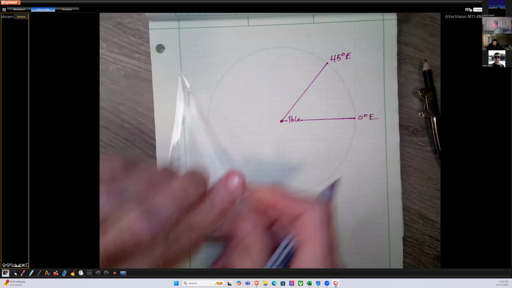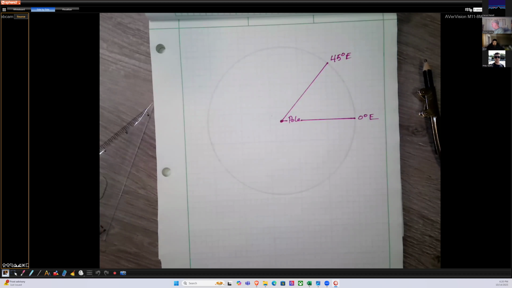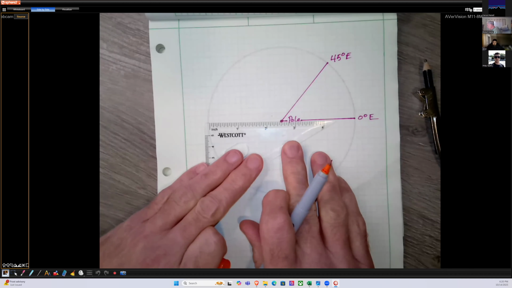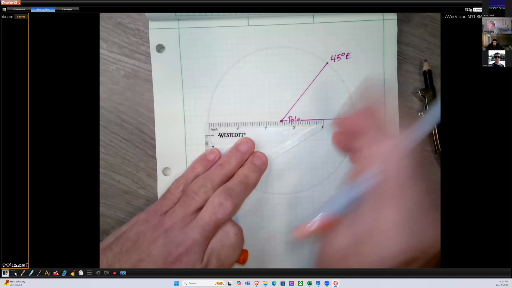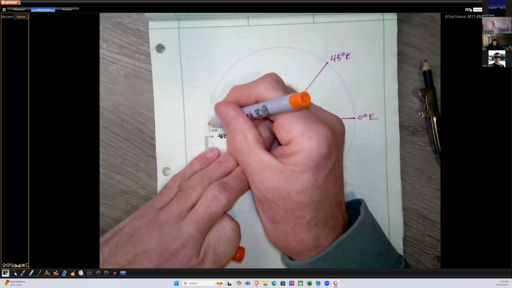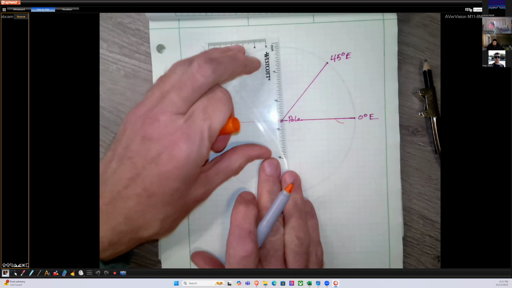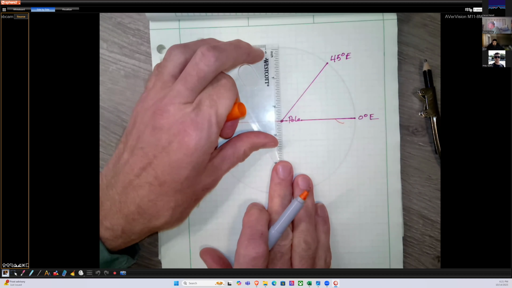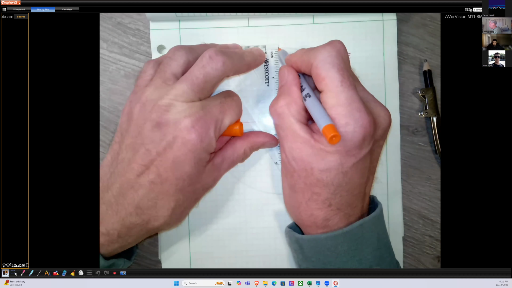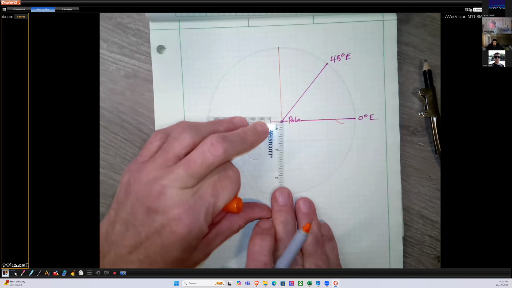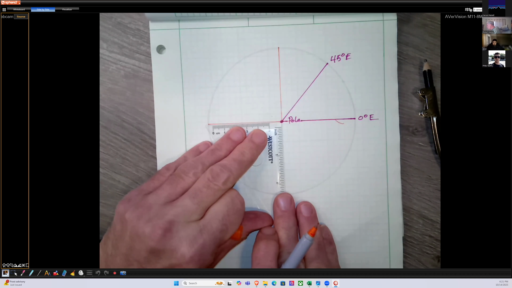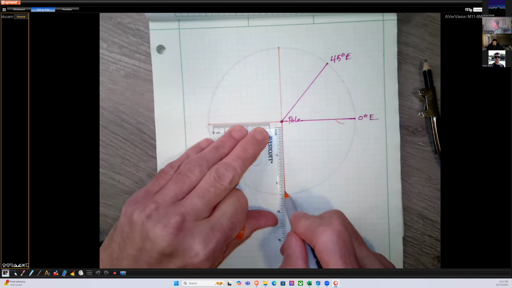If I draw my grid, I can't stress enough how important it is to draw sketches for these to build your concept image.